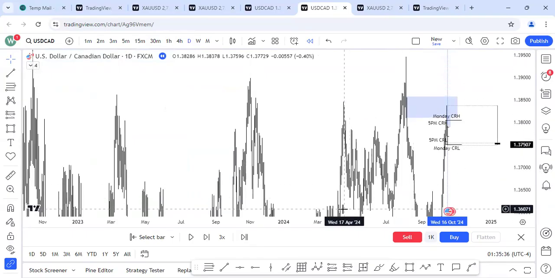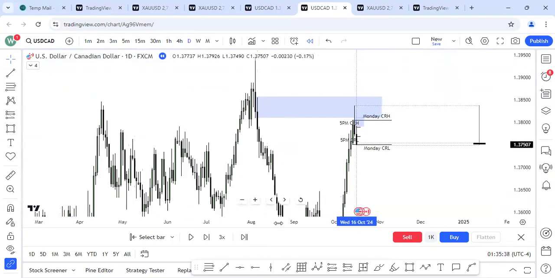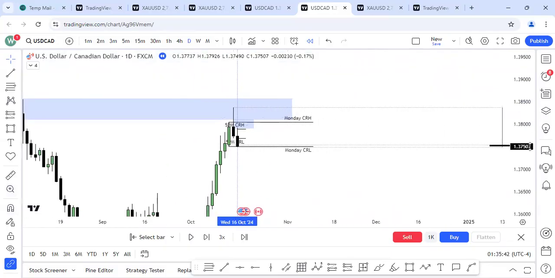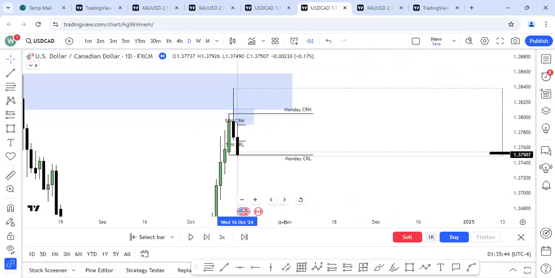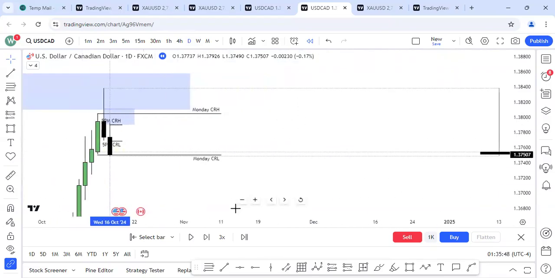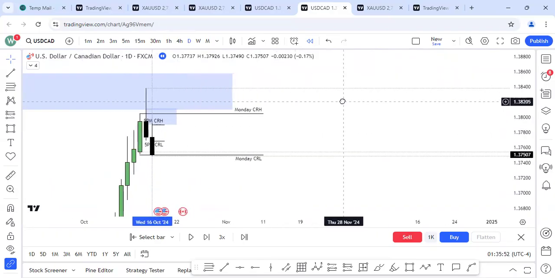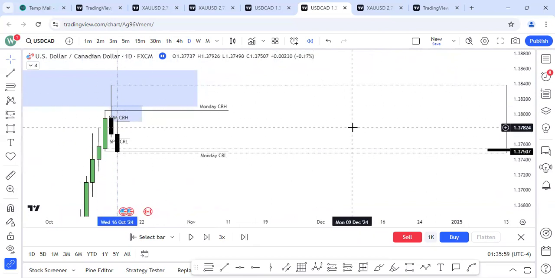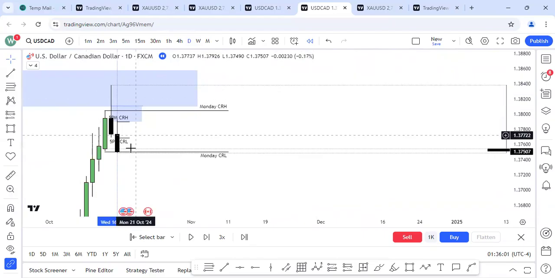Okay, as you can see here on the daily time frame, that's exactly a perfect CRT. Monday accumulation, Tuesday manipulation, Wednesday distribution. That's the three candles which make our CRT. Okay.